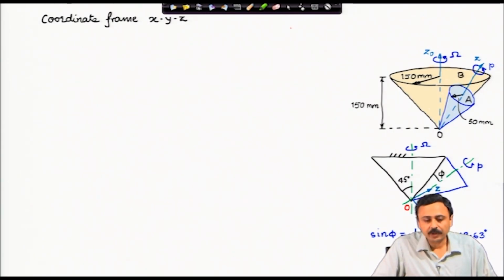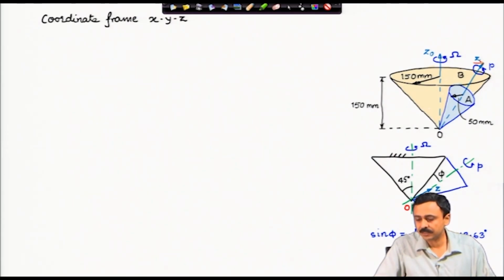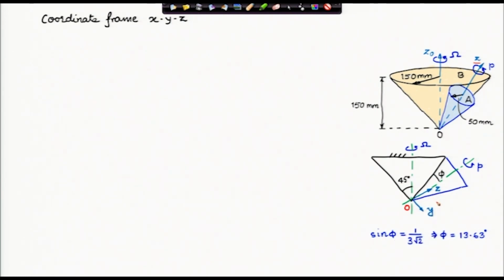Let me fix up a coordinate system x, y, z like this. I take the z axis as the spin axis of cone A. This is the side view of the same system. This is the z axis, which is the axis of spin, and the y axis is perpendicular to the z axis, but in the plane formed by z and z naught.